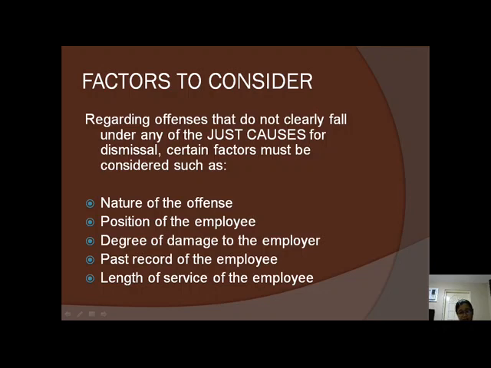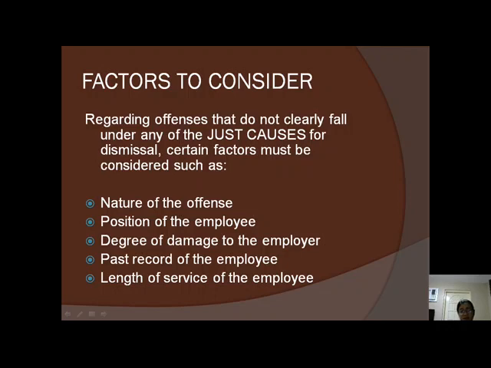No? First is the nature of the offense. So it is similarly the same with those under the valid causes or just causes. And of course, the position of the employee, whether the employee is a rank and file or a managerial employee.